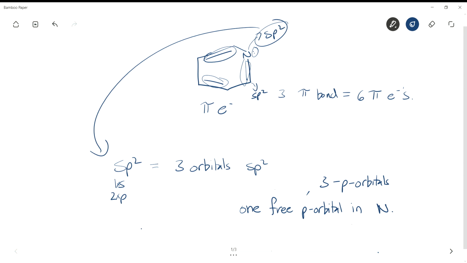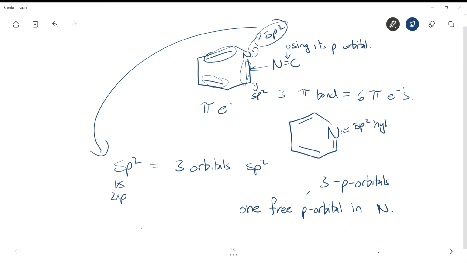Now, is it really free though? Where is the p orbital? If we look here, we see that there's an N double bond C. That tells you that the nitrogen is using its p orbital. So if the nitrogen is using its p orbital, the lone pair on the nitrogen in this molecule is going to be in an sp2 hybridized orbital.